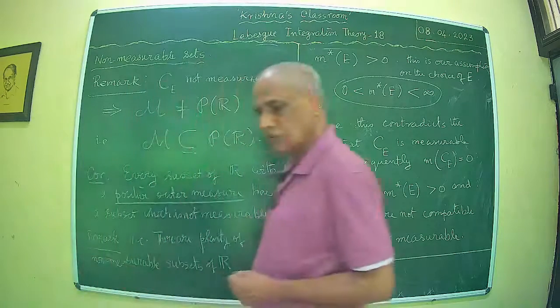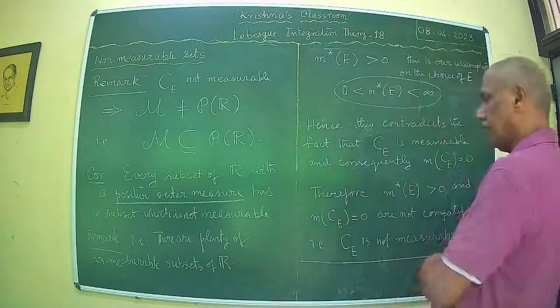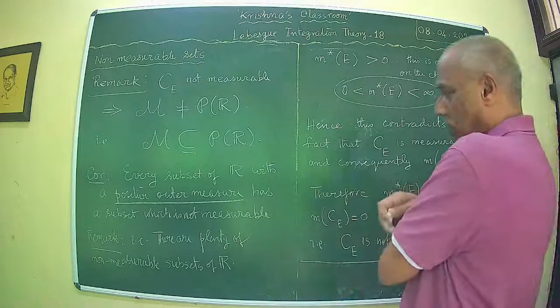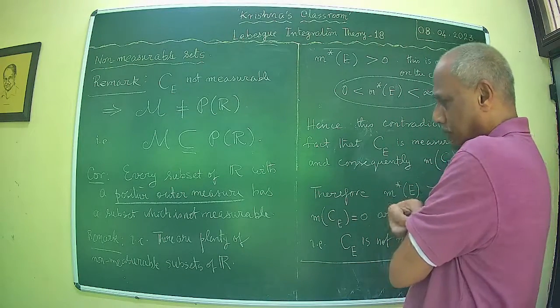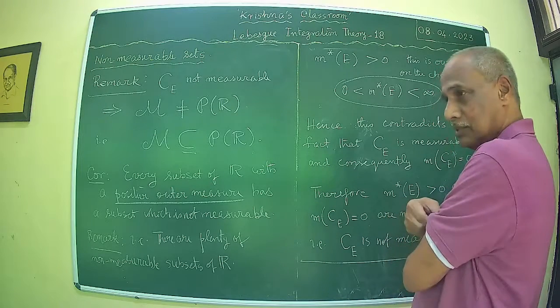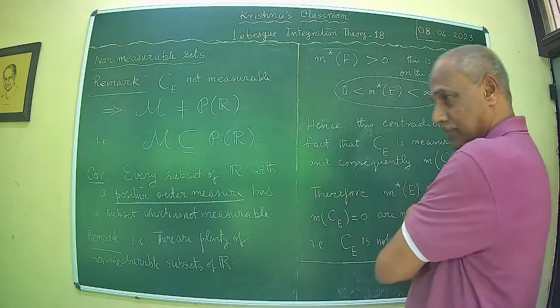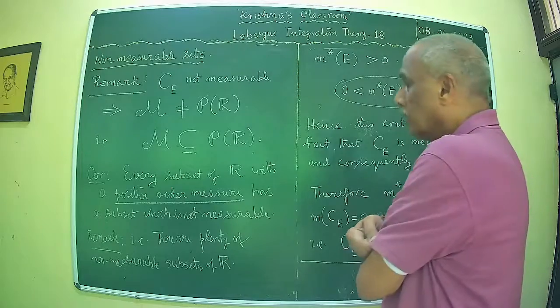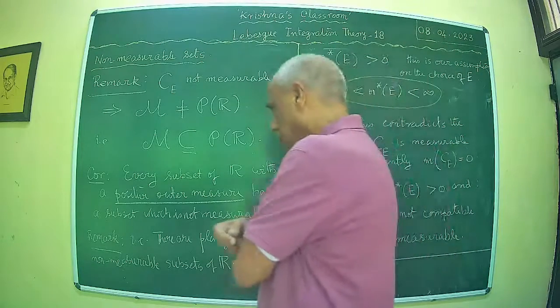Nevertheless, what we have shown earlier is that almost all the desirable class of subsets having some nice properties is a measurable set.